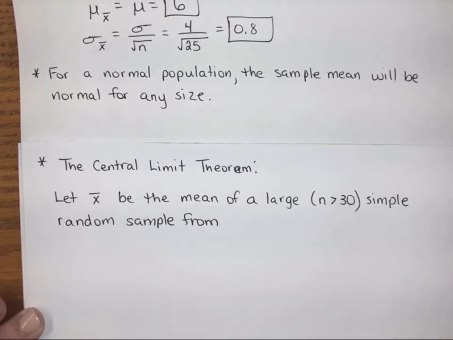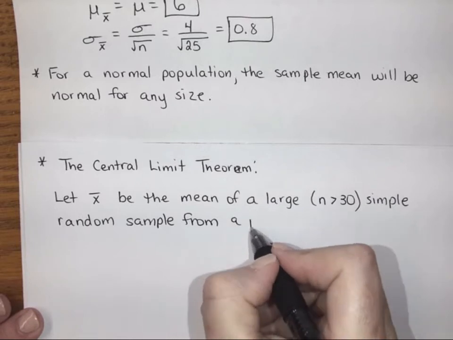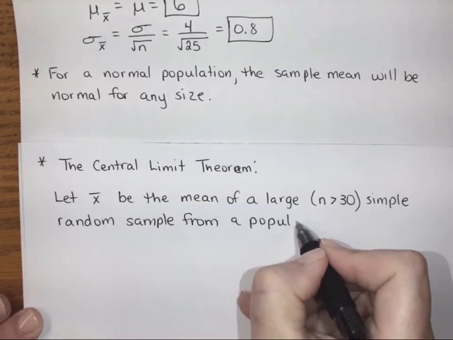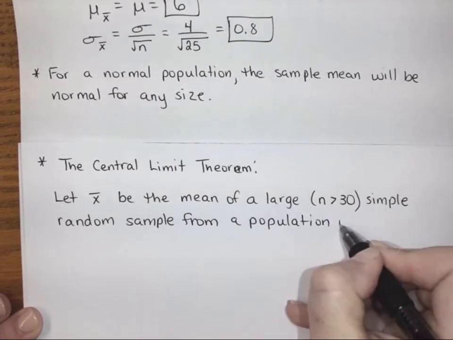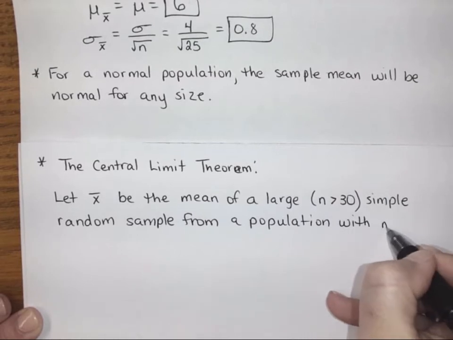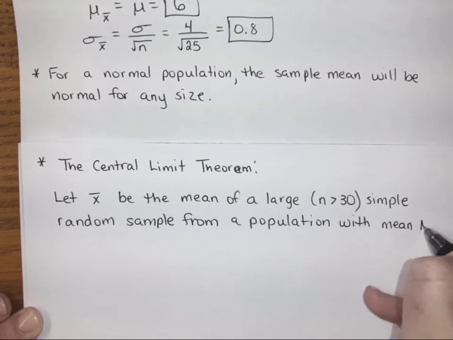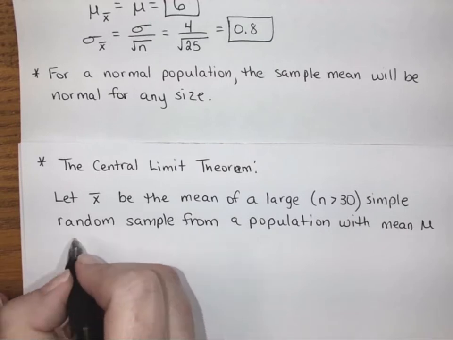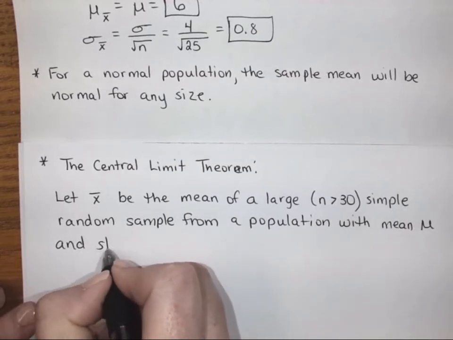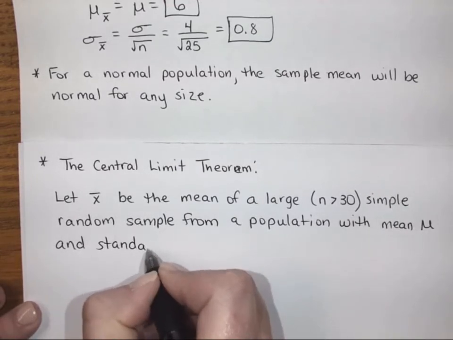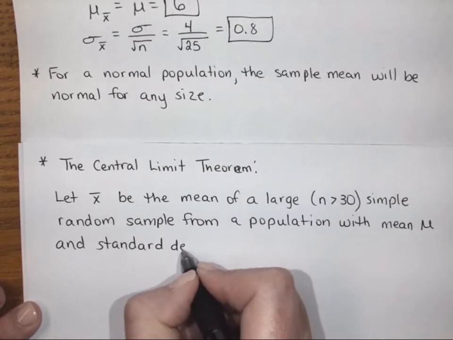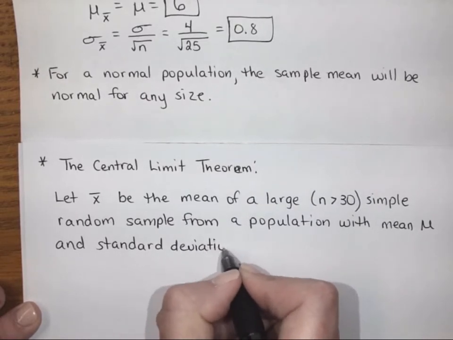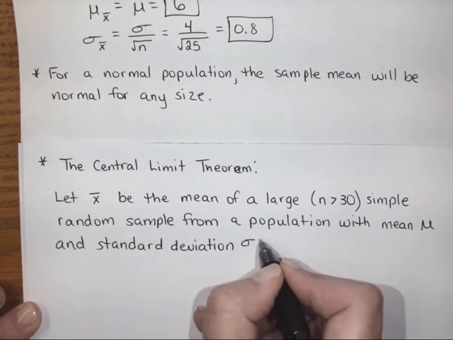So if we have a large sample that we chose in a simple random format from a population, from a bigger group, in other words, with mu the mean, and standard deviation sigma.